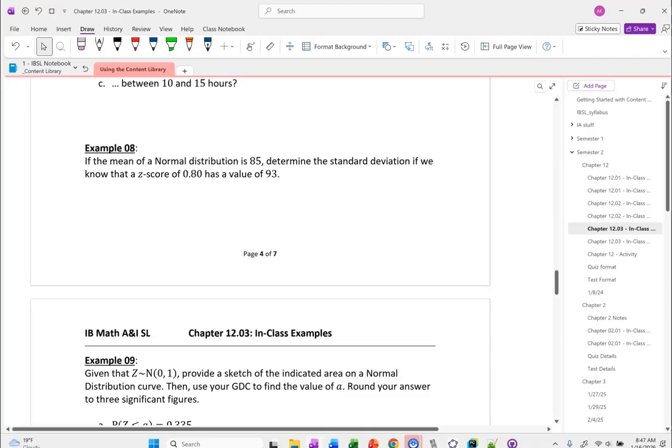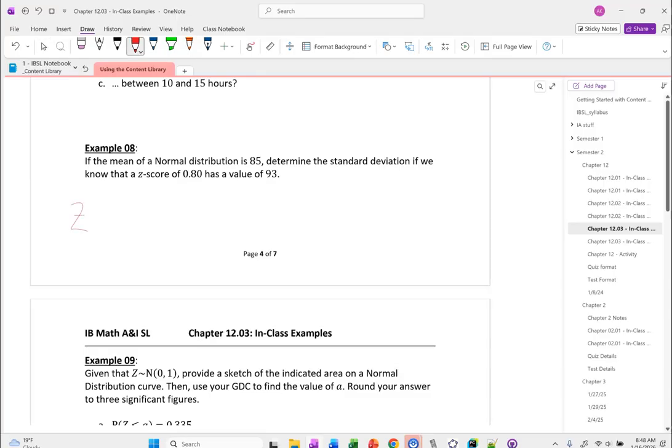Okay, Blake. Let's do 8. It says if the mean of a normal distribution is 85, determine the standard deviation if we know that a z-score of 0.8 has the value of 93. Absolutely, we're going to need the z-score formula, so let's write that down.